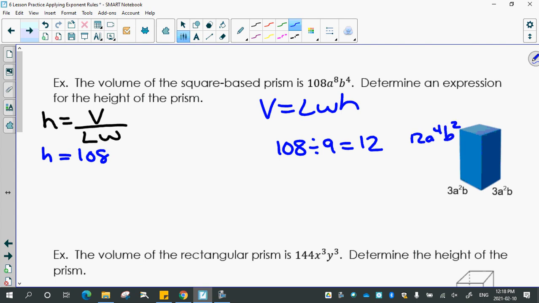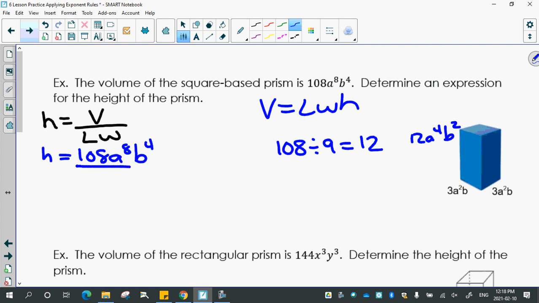Okay, so you did, I know I have to do 108 divided by 9 because 3 times 3 is 9, and then you look at the exponents and make sure the A's add up to 8 and the B's add up to 4. Okay, so I would call that a guess and check technique, which is fine. Make sure you show your thinking though.